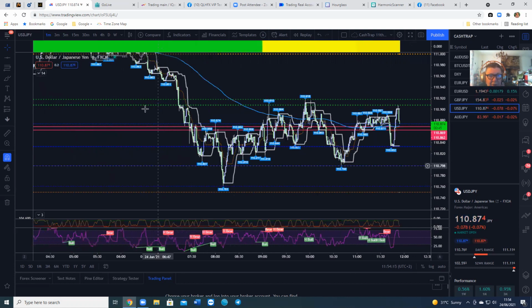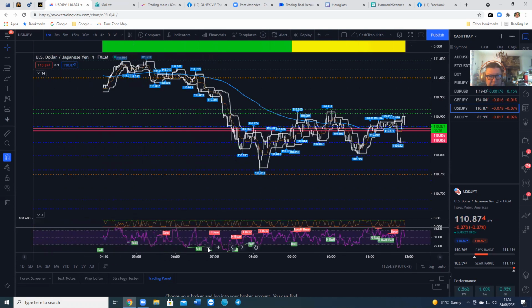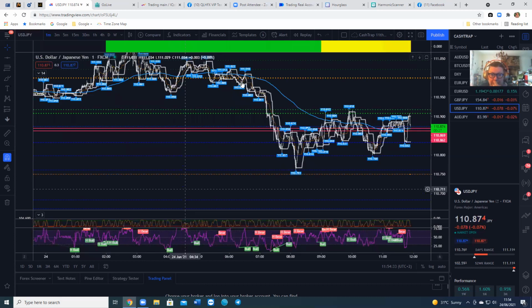And in fact, that's quite unusual, maybe there was some news, but that quite a big drop, 50 pip drop, which is quite a big drop in Tokyo. So it made an early move, around about 7 o'clock.